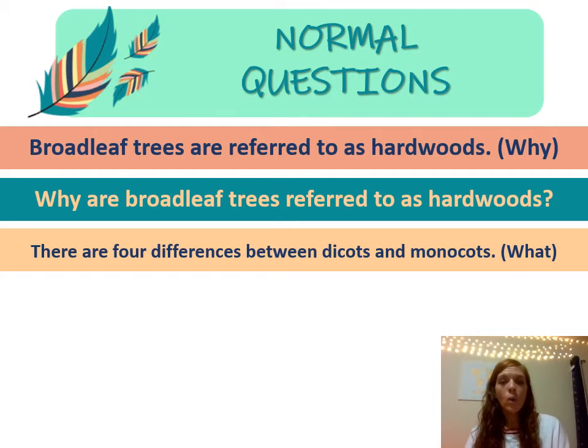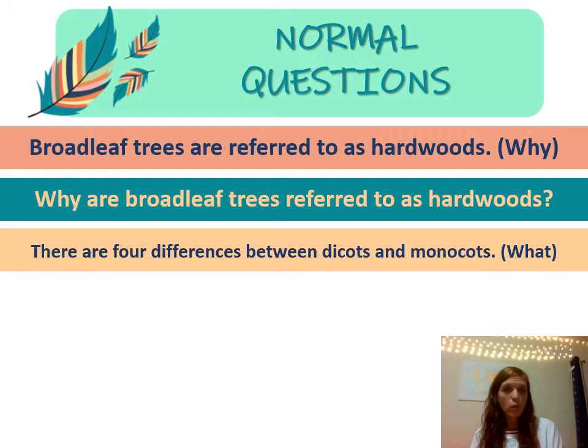Okay. Why is the question word, are is the verb part of it, right? So when there's a verb phrase, part of it is going to start in the verb subject order. So that's your inversion. Why are broadleaf trees referred to as hardwoods?